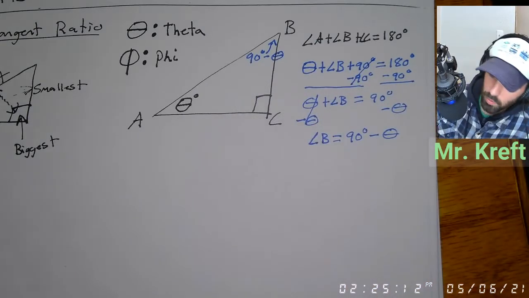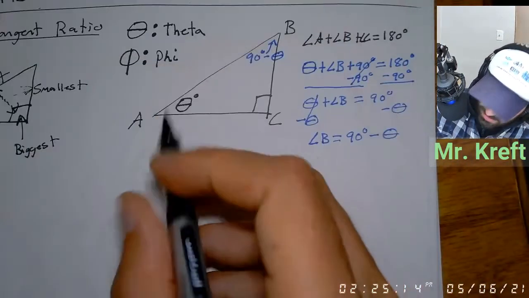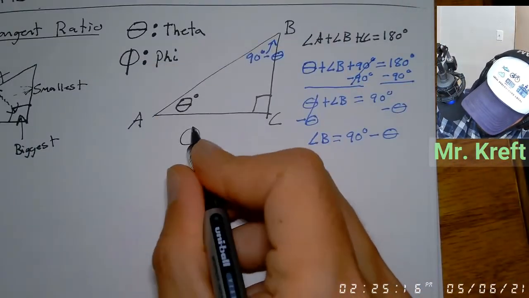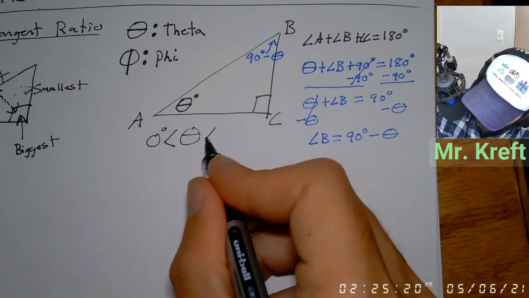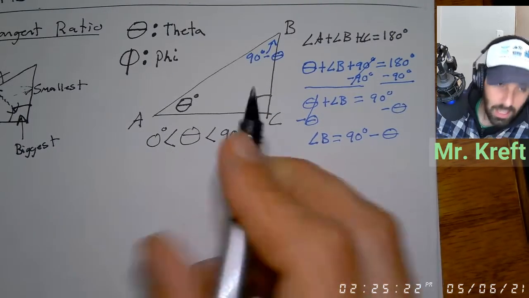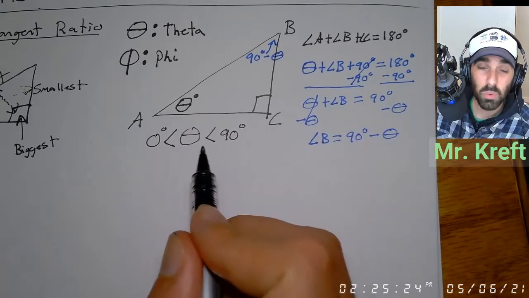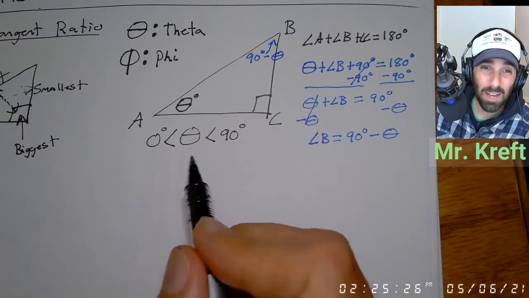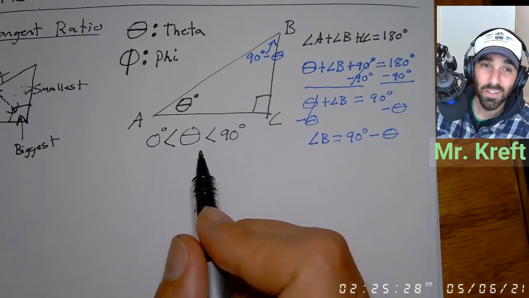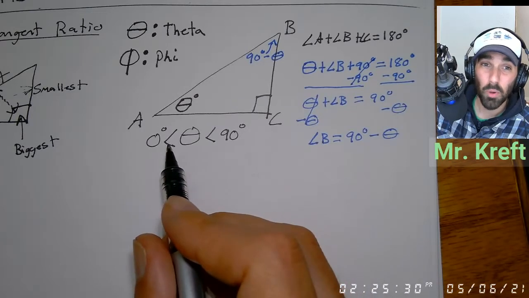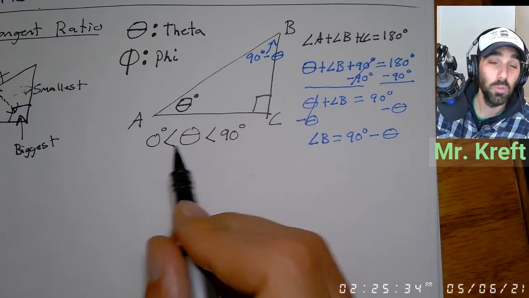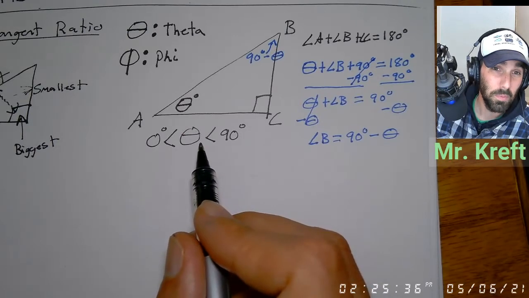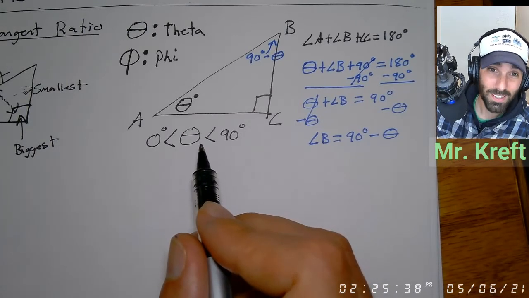We're going to be learning about a whole new function, because look at this theta. Theta can be anywhere between 0 degrees and 90 degrees. And how many degrees are in between? An infinite amount. It could be 0.1111111, and the next one could be 0.11111112.